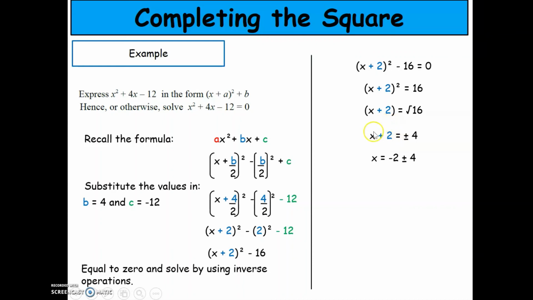If I move plus 2 over to the other side, it becomes minus 2. So I have x equal to minus 2 plus or minus 4. So we now have the first solution, x equal to minus 2 plus 4, and the second solution, x equal to minus 2 minus 4, which is going to give us minus 6 here.